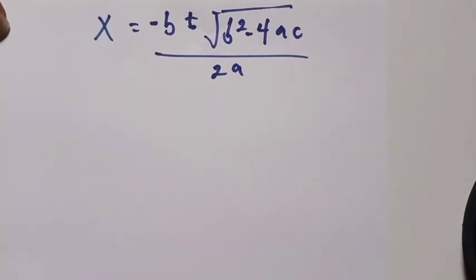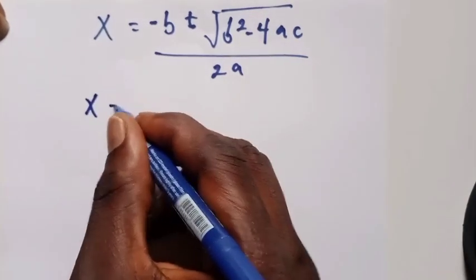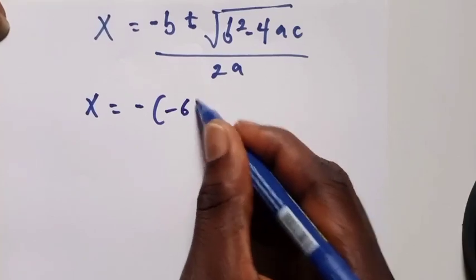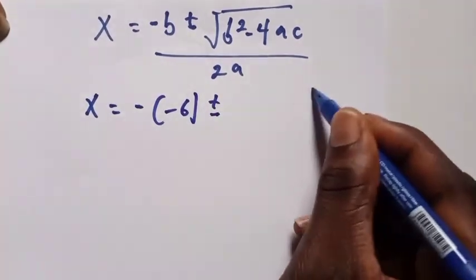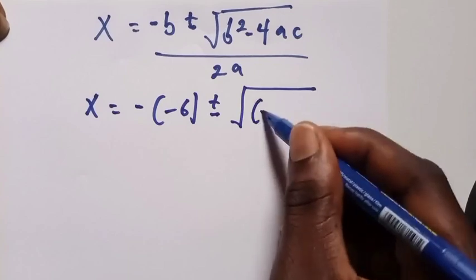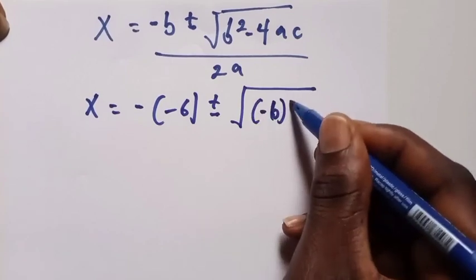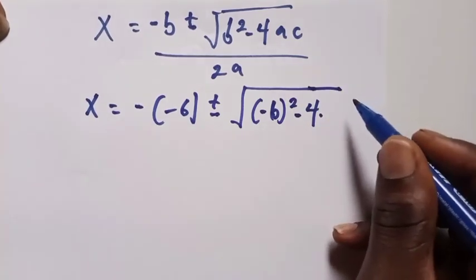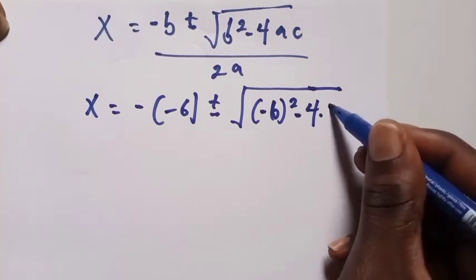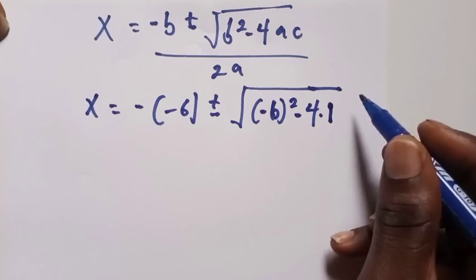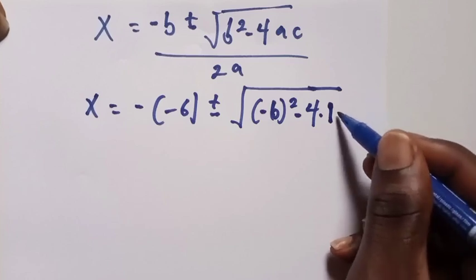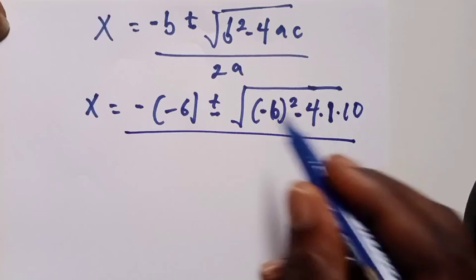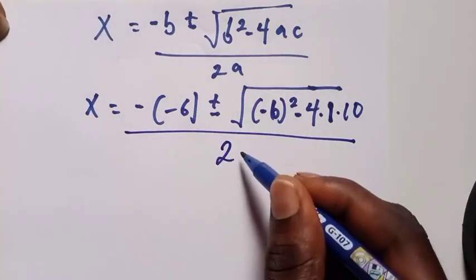So substituting the values of our equation, we have x equal to minus b, which is minus (minus 6), plus or minus root of b squared, that's minus 6 squared, minus 4 times a, which is 1, times c, which is 10, over 2a, which is 2 times 1.